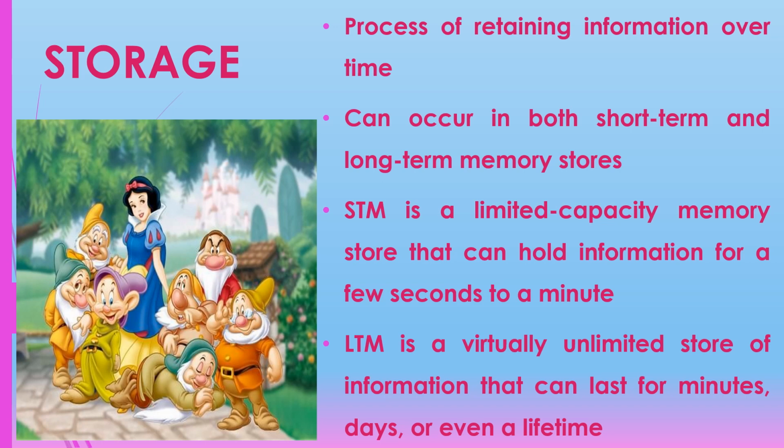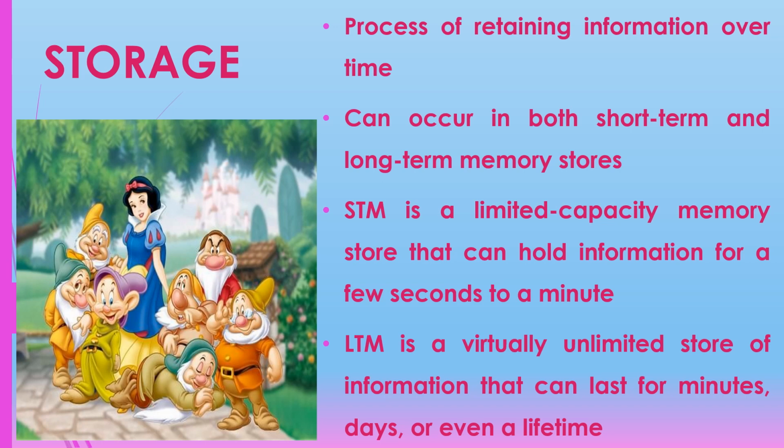Consider the same example. You have learned the names of the 7 dwarfs. Once the information has been encoded and processed, it can then be stored in the memory. The names of the 7 dwarfs will initially be stored in the short-term memory. This is a limited capacity memory store, and it can hold the information for a few seconds to a minute.